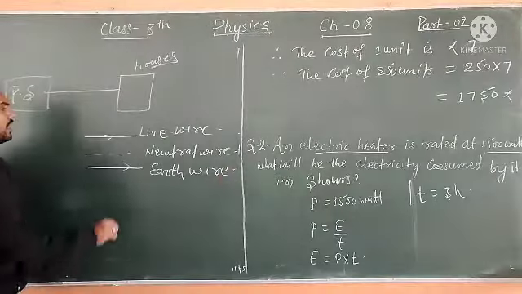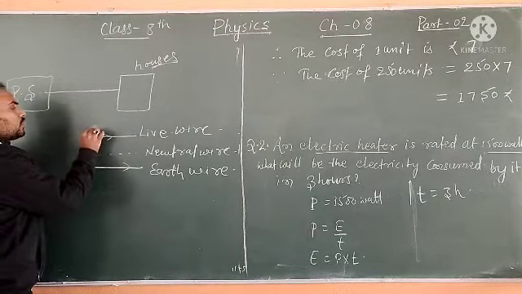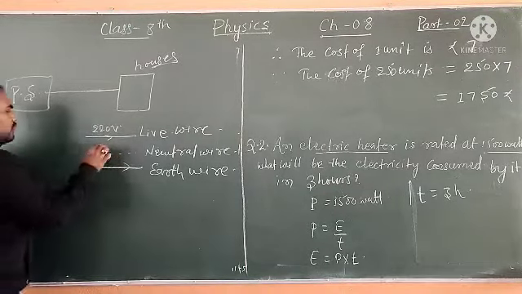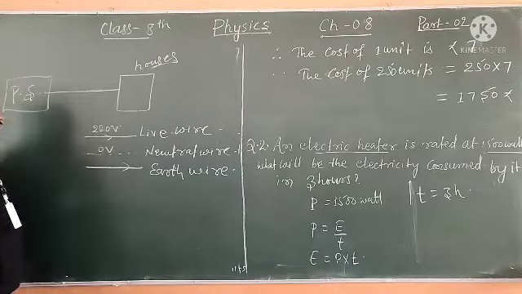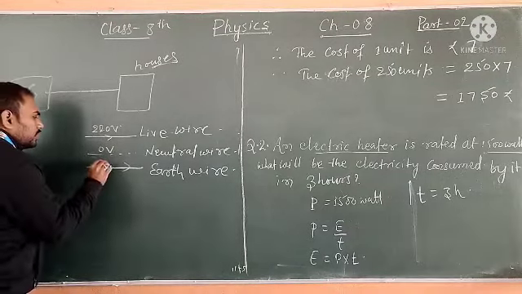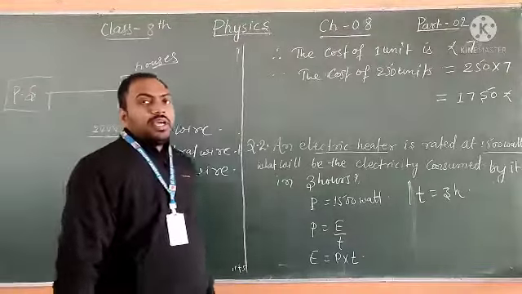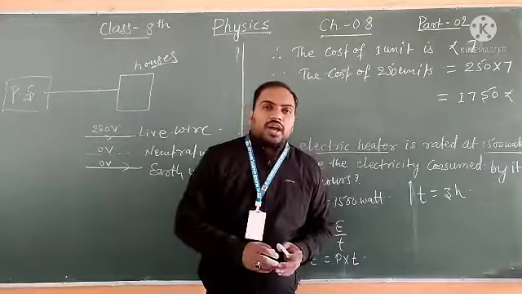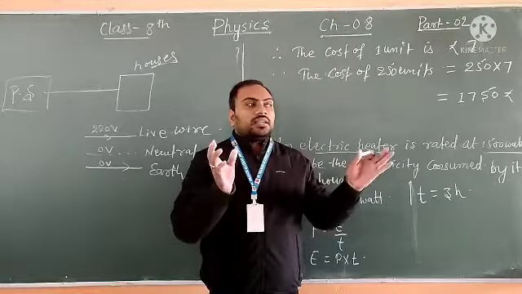Live wire is about 220 volt. Neutral wire is 0 volt, and earth wire is also 0 volt.